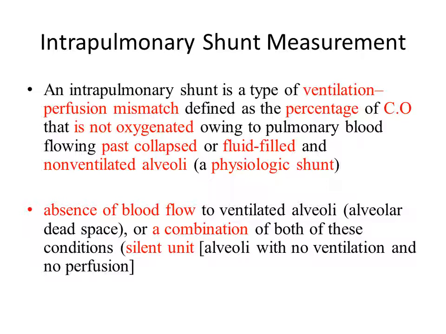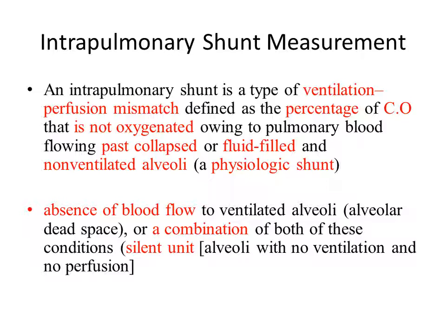We explained that it means part of the blood returns from the right to the left side of the heart without being adequately oxygenated because of a defect in the alveoli or in the lung.